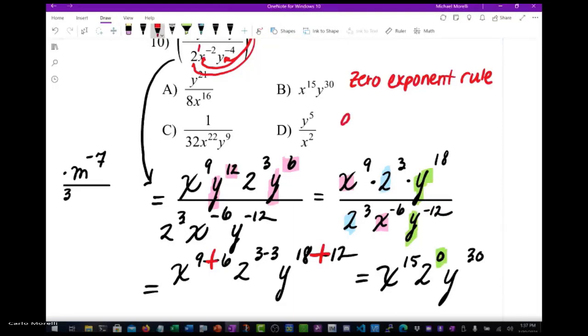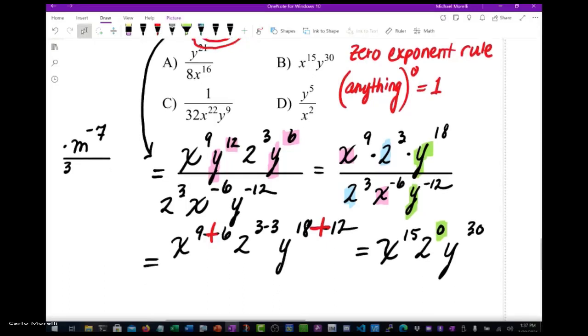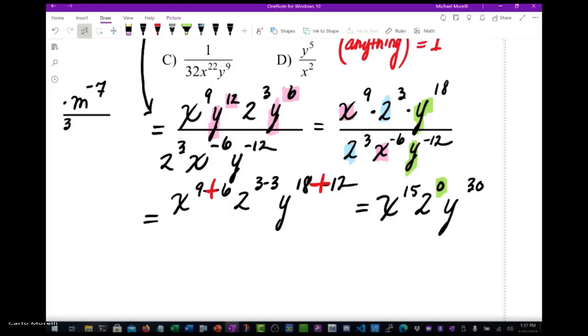Anything raised to the power of 0 equals 1. Anything. Okay? So 2 raised to the power of 0 is 1. Michael raised to the power of 0 is 1.